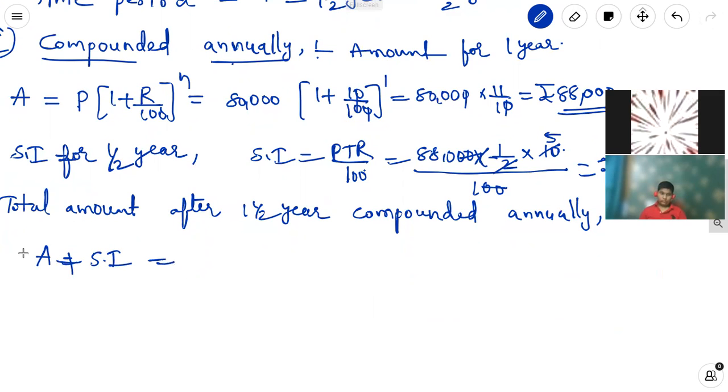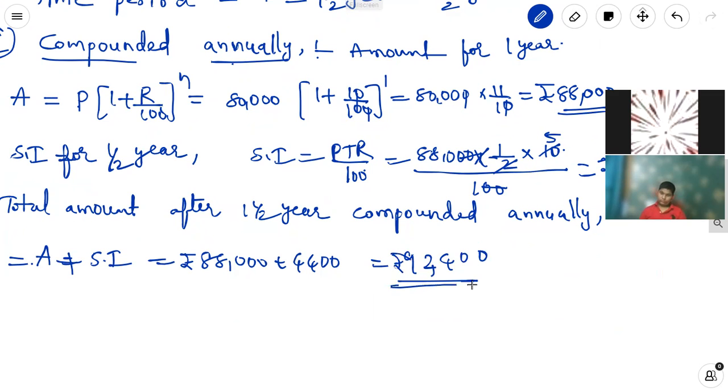That is equal to A is 88,000 plus 4,400 rupees. Total 400. 8 plus 4 is 12. 92,400 rupees is annual compounded.